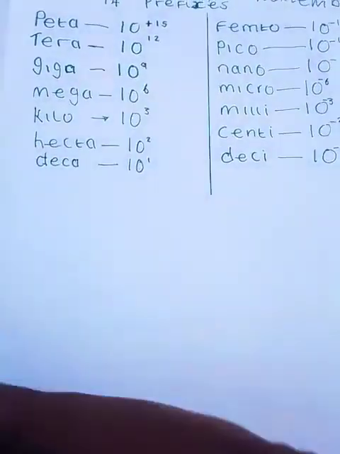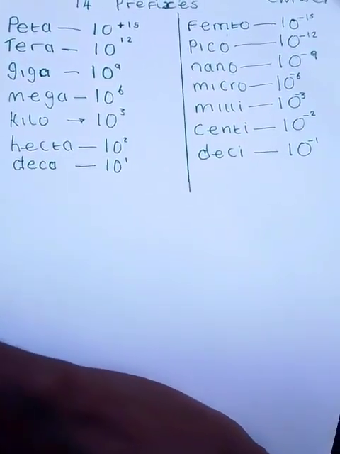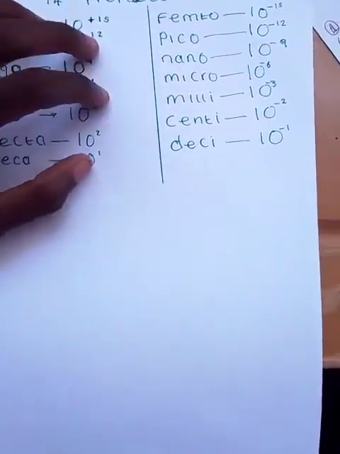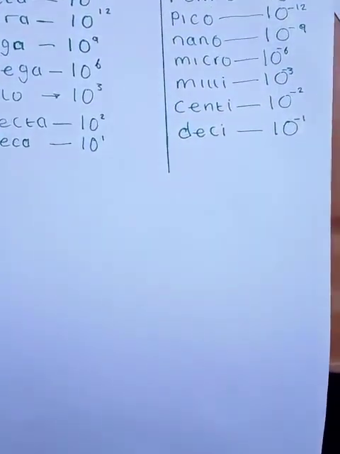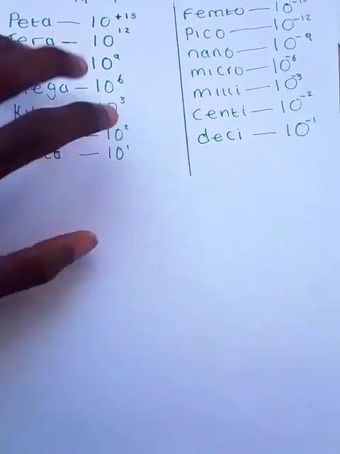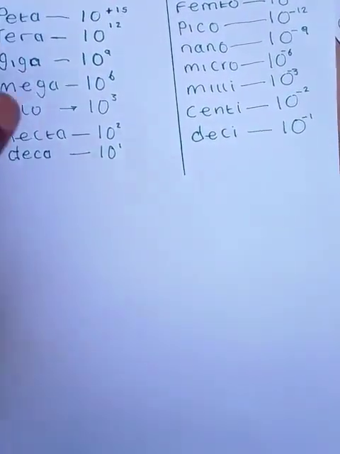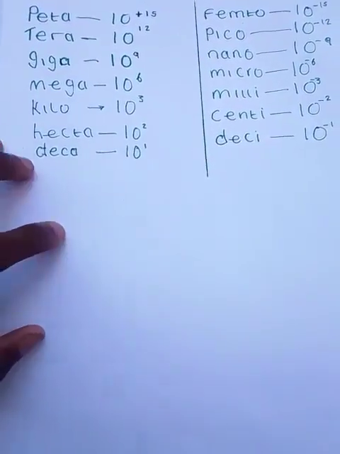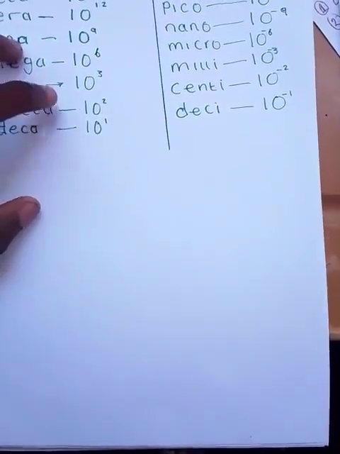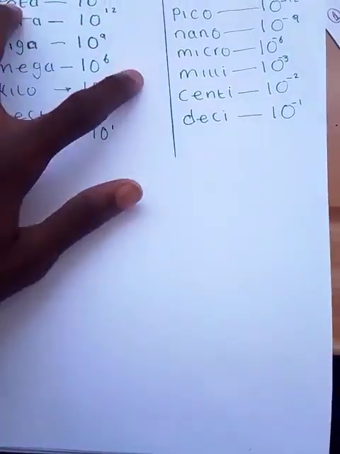That's where the mnemonics come in. To remember how the powers flow, you need to understand it. It is a very simple pattern, just like those patterns that you put on your phone. I think those are even very complicated because this is very simple. So now let's go to the mnemonics. The first mnemonic that I'm going to show you is for remembering the positive ones.